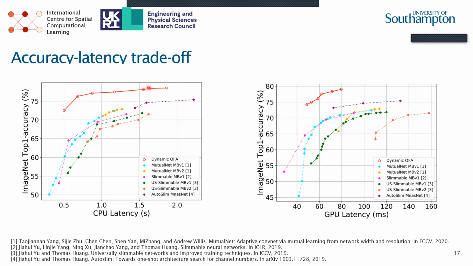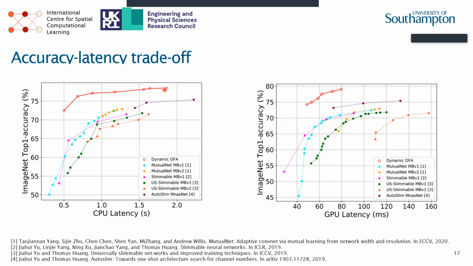Basically, our dynamic OFA is about 0.5 to 1% lower than the original OFA model, because after the OFA model finds these subnetworks, it applies fine-tuning to increase the accuracy. That's the difference: every time, OFA only samples one model and applies fine-tuning. But in our case, because we sample multiple subnetworks, it is really hard to do fine-tuning.